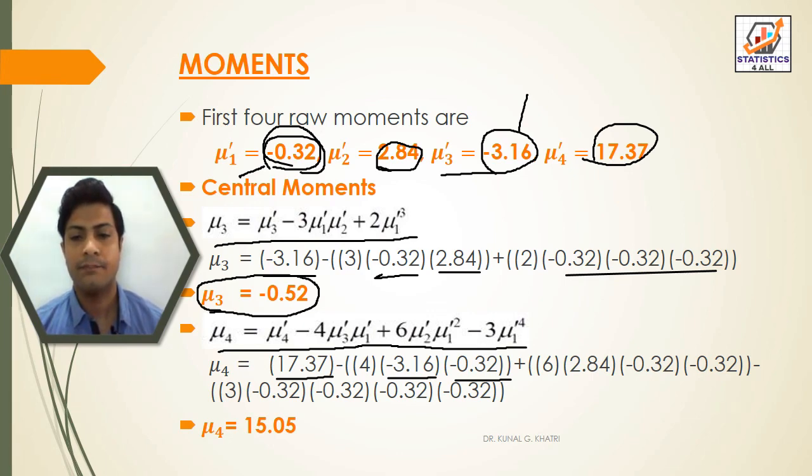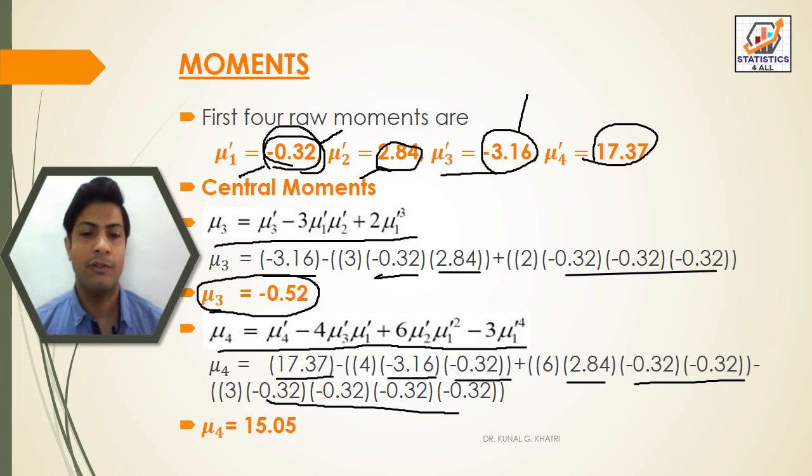Then mu 2 dash is equal to 2.84 into mu 1 dash square, where mu 1 dash is minus 0.32. After that, minus 3 into mu 1 dash raised to power 4, where mu 1 dash is equal to minus 0.32. So after solving this, we get mu 4 equal to 15.05.